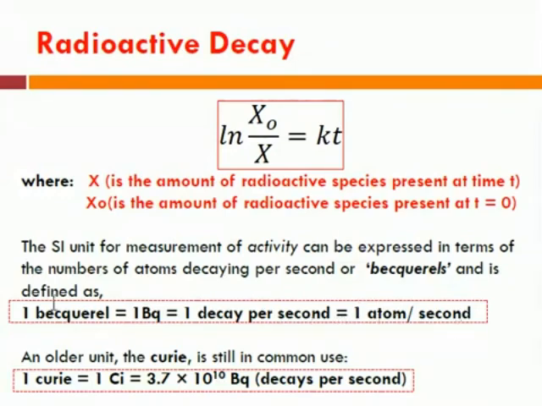Another unit of activity is the curie, represented by capital C, then i. In 1 curie, we have 3.7 times 10 raised to 10 becquerels, or decays per second, or atoms per second. So take note of the two units for measurement of activity.